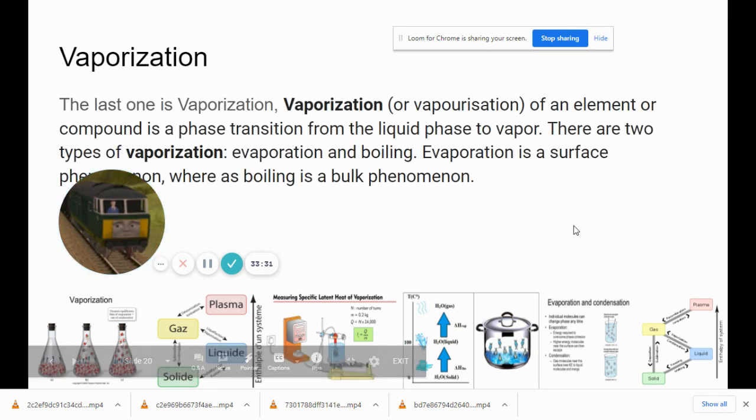All right, sorry. Evaporation and condensation. Individual molecules can change phase anytime. Evaporation: energy is needed to overcome the attraction between molecules. Higher energy molecules near the surface can then escape.